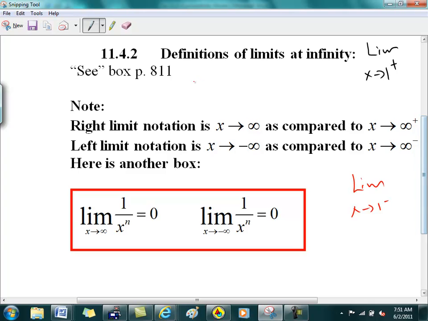So what I'm trying to do is make a distinction between something like this and something like this. This is the left limit.